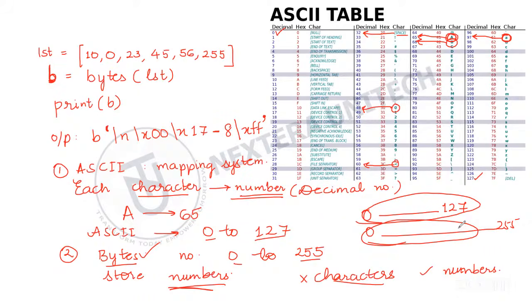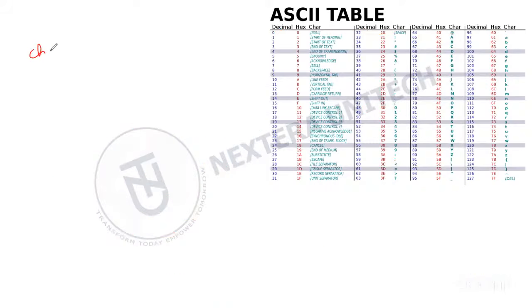What the ASCII system does is give each character an ASCII number, and that can be stored as bytes. So basically, we have a character that will be assigned an ASCII number and we can store it as bytes. If you take capital A again, the ASCII number is 65 for A, and you can store this as byte 65.